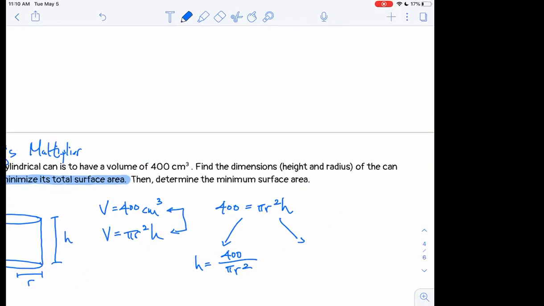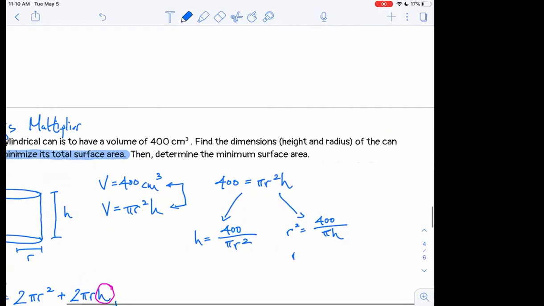If I want to solve for my r, well, I'm going to get r squared equals 400 over pi h. And this is definitely one I don't want to use because look, I got this square root. I have a fraction on the inside. Like it's all kinds of stuff that we could do, but doesn't necessarily make sense when it's already so much work to do the rest of the problem.